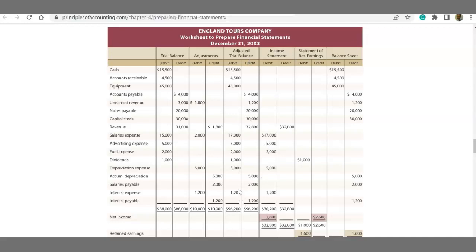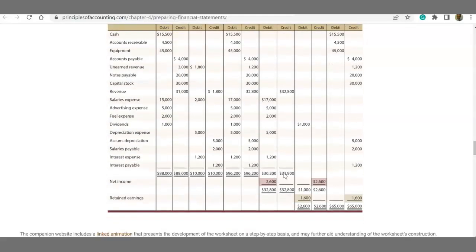Using the adjusted trial balance, you pick up the portion that is revenue and expense, put it in the income statement column, and as you see, now you have two balances that are not equal because you add up all your revenues and you add up all your expenses, but they are not equal, which is very good, no problem.